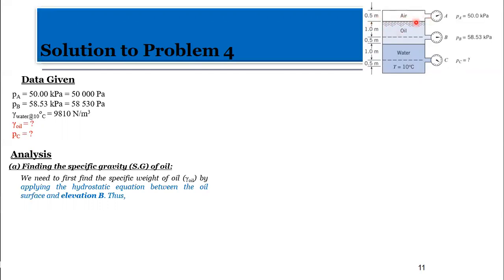Within the same fluid, gamma, the specific weight of the oil, will be constant there. So we can estimate that, and once we do, we will solve the first part of the problem by obtaining the specific gravity of the oil.